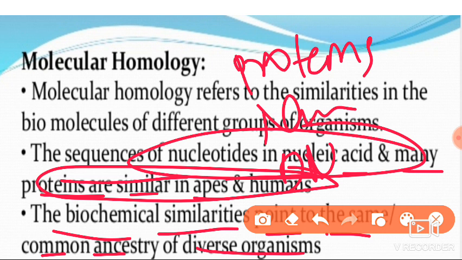Already we completed and studied fossil evidences, those are paleontological evidences. We studied comparative anatomy and morphology, in that homologous and analogous organs, and biochemical evidences also. These are the biochemical evidences. And another point: we bred a lot of breeds in animals. For example, in dogs we bred a lot of breeds.